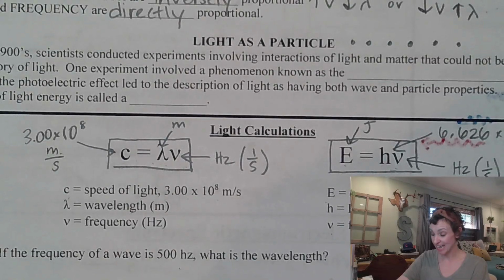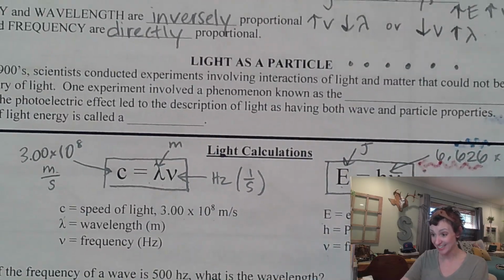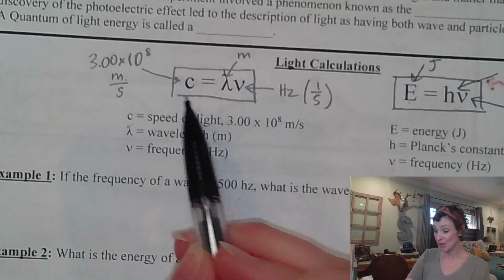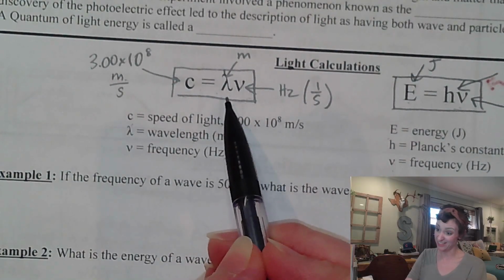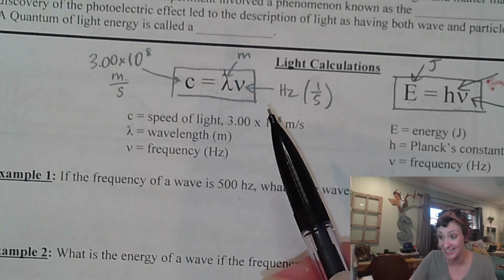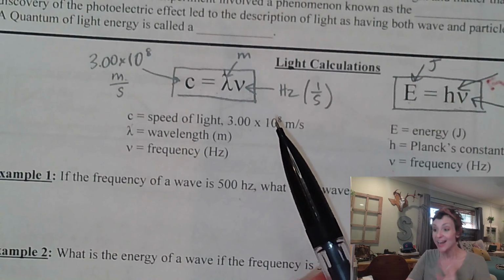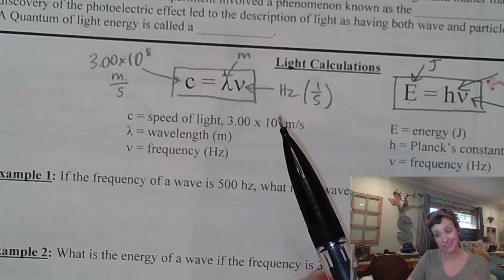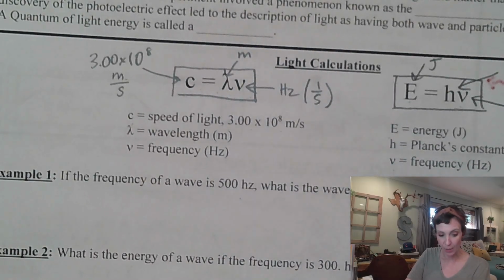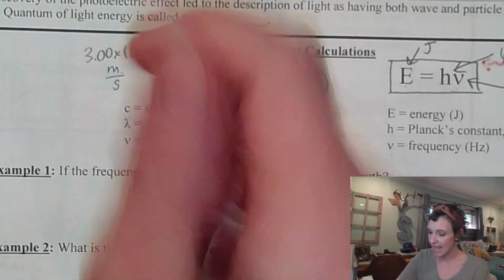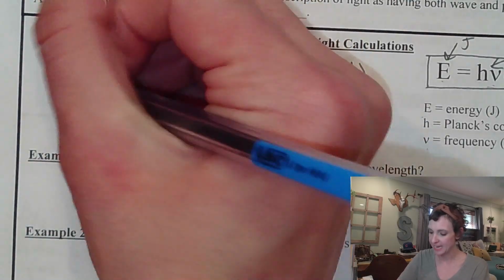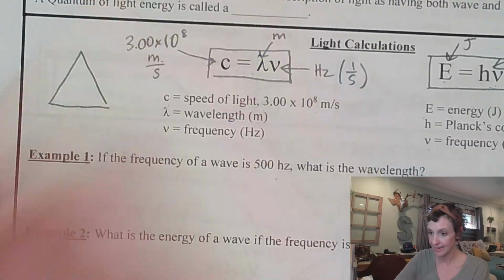Now, on level kids, to help enforce our math skills, because there are going to be situations where they're going to ask you to solve for wavelength, you're going to need to isolate wavelength on its own, okay? And we're going to be practicing that algebraic skill together. But the triangle situation, like our density triangle, can also be somewhat helpful, okay? So we could expand this out to be a triangle of our light calculations.